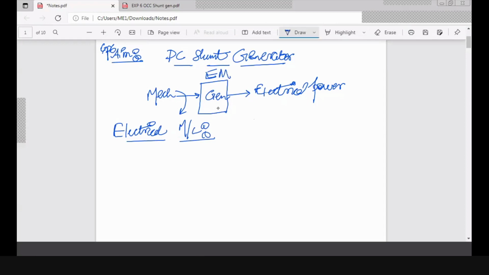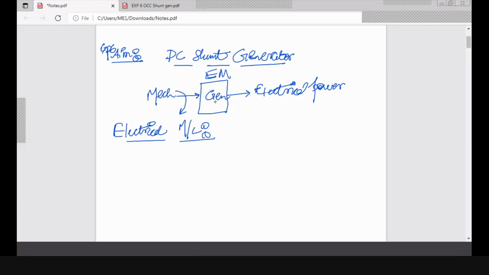That means it has an input which is mechanical power and output which is electrical power. So an electrical machine converts either electrical to mechanical or mechanical to electrical. The same machine can be used either as a generator or as a motor also.